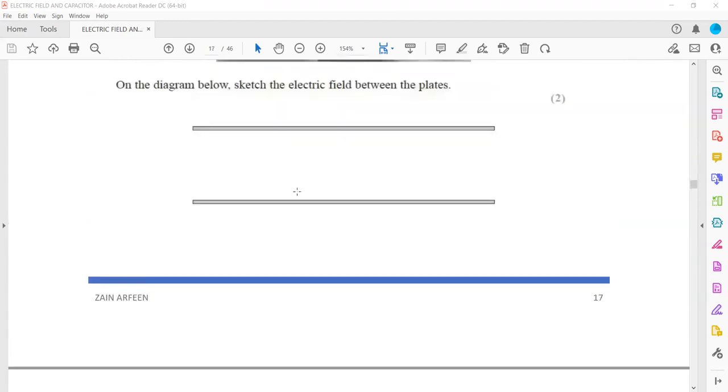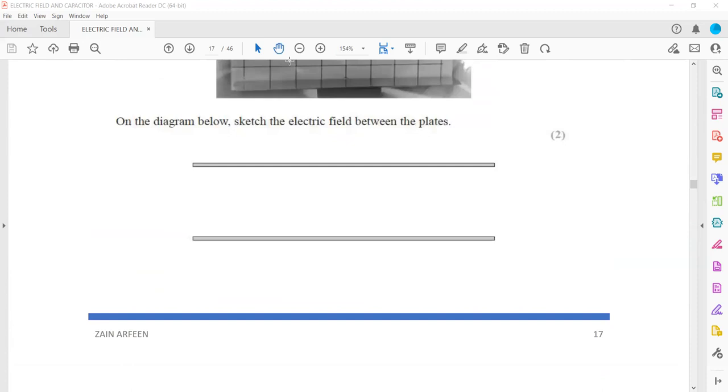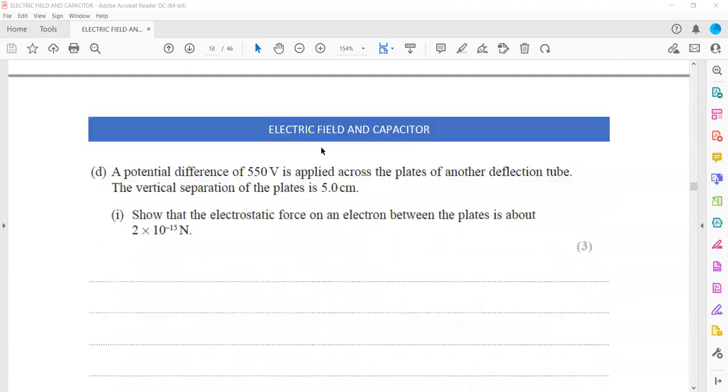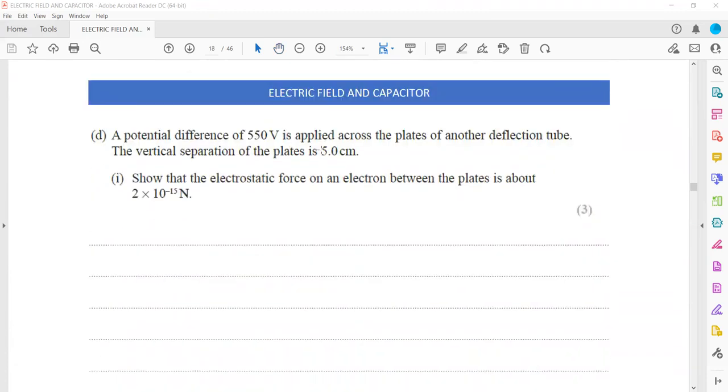And the voltage between the two plates is 550 volts. So we want to show that the electrostatic force on the electron is about 2 exponent minus 15 Newton. So we have the formula V is equal to Ed.